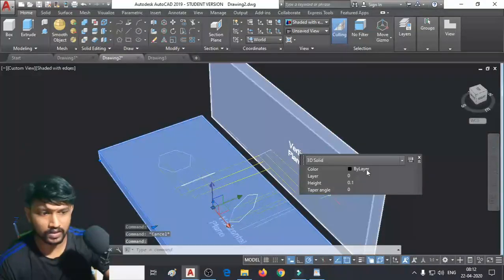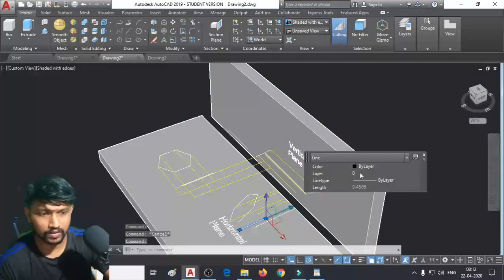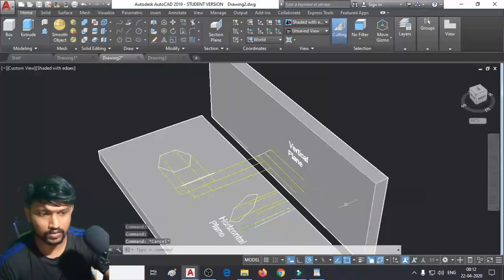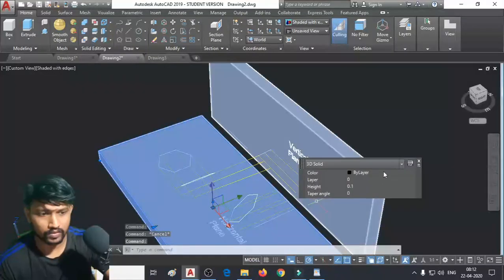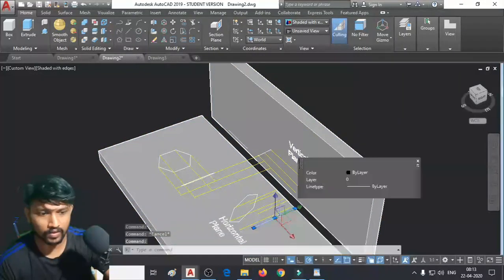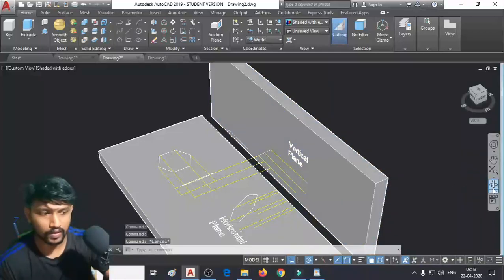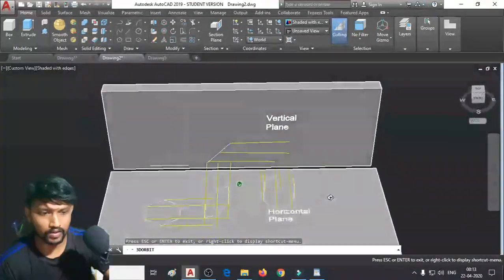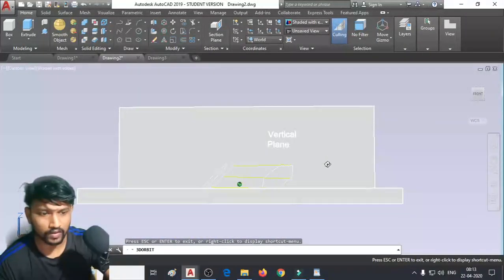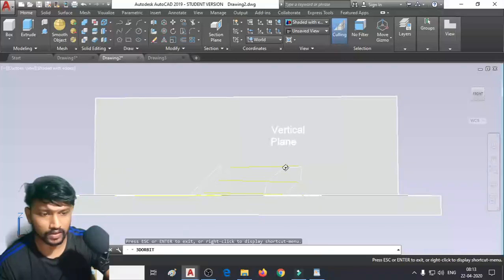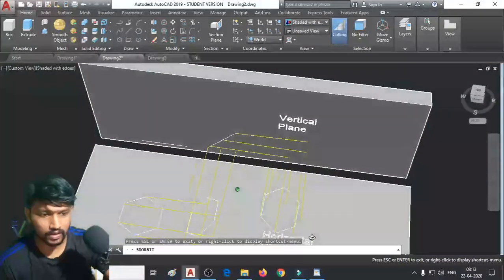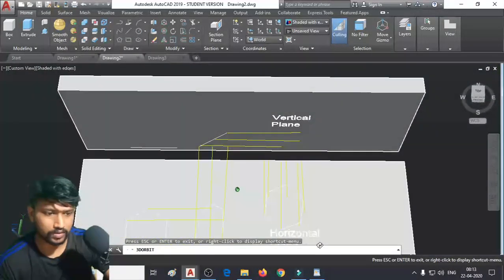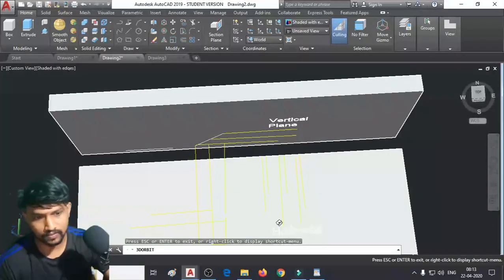Since we can't see these two different views at once, we usually rotate one plane. What plane do we actually rotate? We rotate the horizontal plane. Okay, from the front view, the figure has to look like this, and from the top view, it has to look like this.